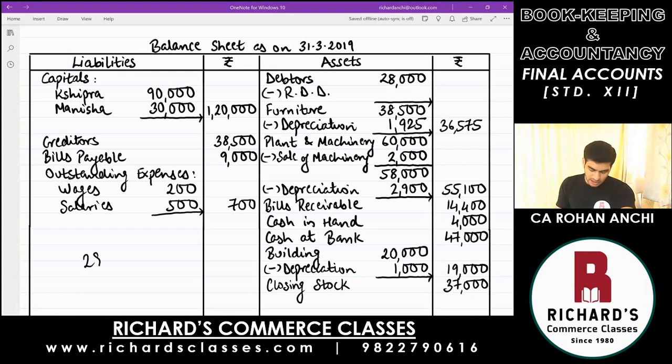So take 28,000 and find out how much is 3% of that. Anybody? 840. Deduct and tell me debtors in the outer column. 27,160.